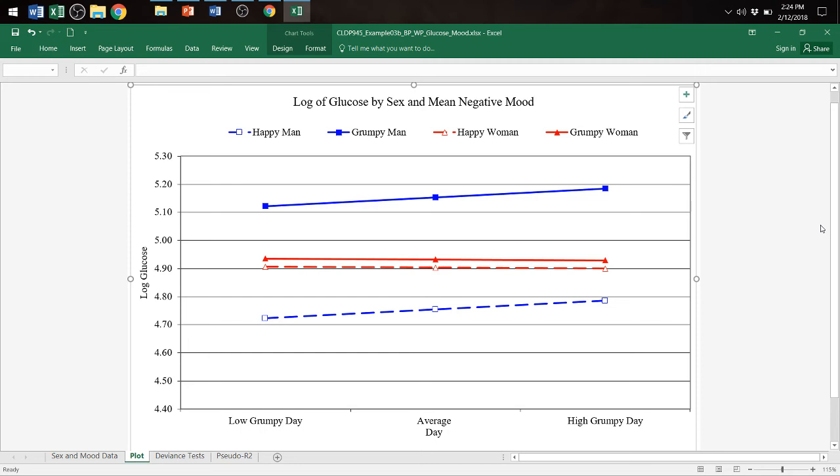Now the differences vertically between the lines. What term in the model is responsible for that?